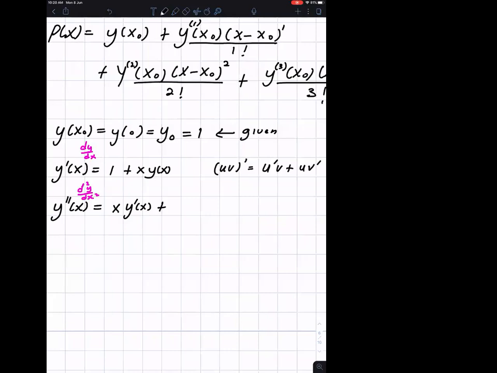Then next, you take the derivative of x with respect to x, which gives you 1, and you don't differentiate y, which gives you y as a function of x. So this is going to be x y'(x) plus y(x).